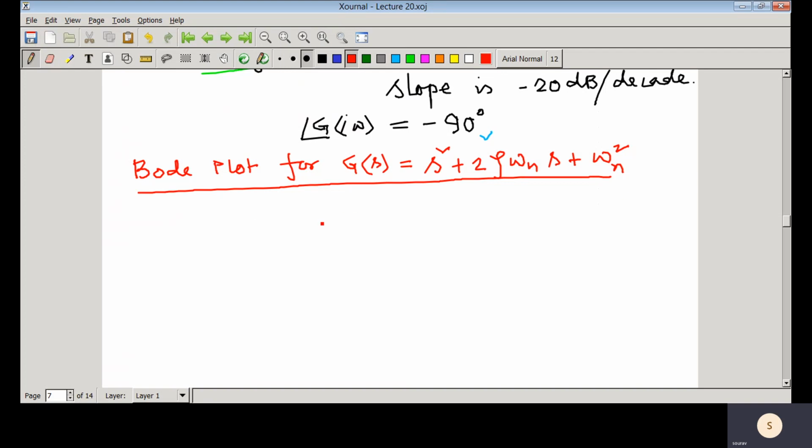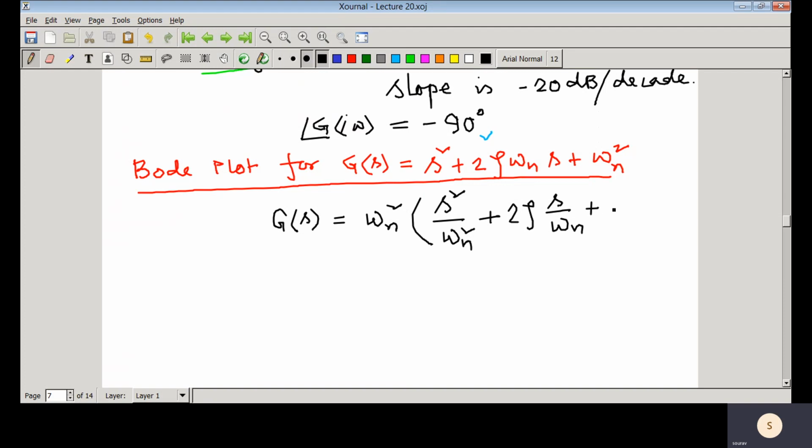So then we can write this G(s), whenever we take that omega n square common, so then we have s square by omega n square plus twice zeta s by omega n plus 1.